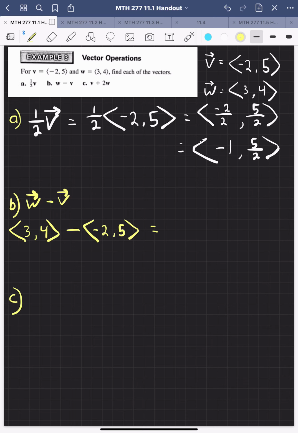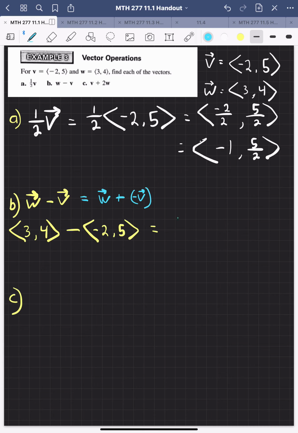What I mentioned to you is that when discussing differences of vectors, you're better to think of w minus v as the same as w plus negative v. That might be more helpful in thinking about how we proceed.